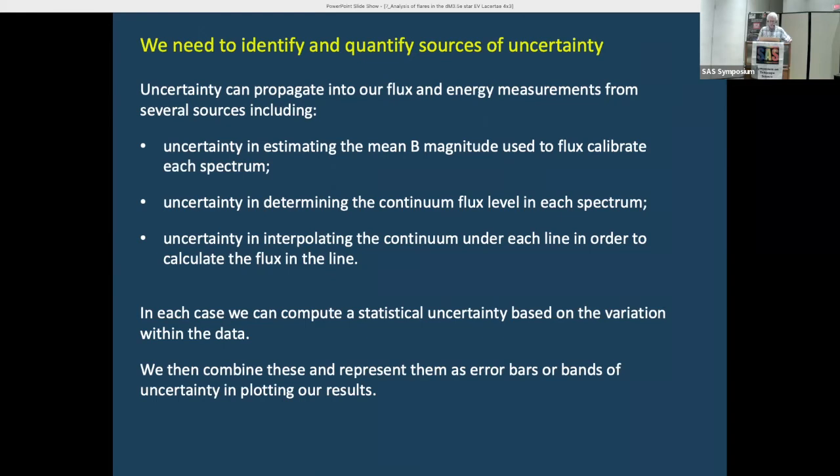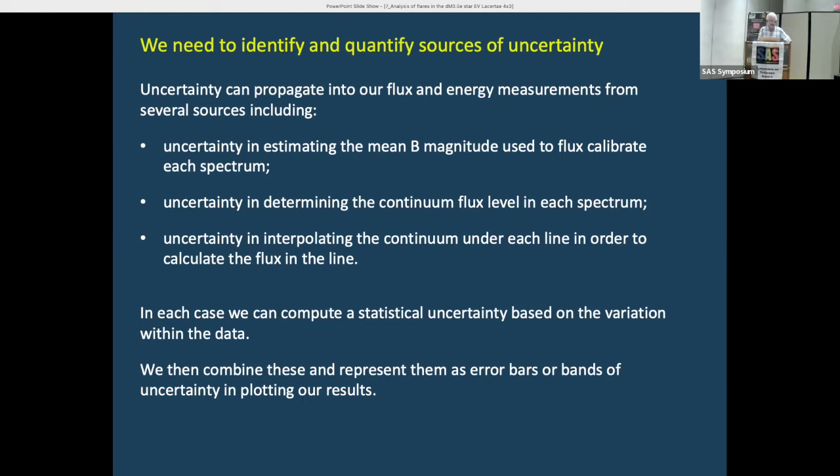There's also the uncertainty in the continuum level in the spectrum. Now, it's fortunate that in most of these spectra we have fairly long periods of quiescence, and we can use these quiescent spectra as effectively multiple measurements of the same quantity to work out the statistical uncertainty at each wavelength in measuring a spectrum of the star.